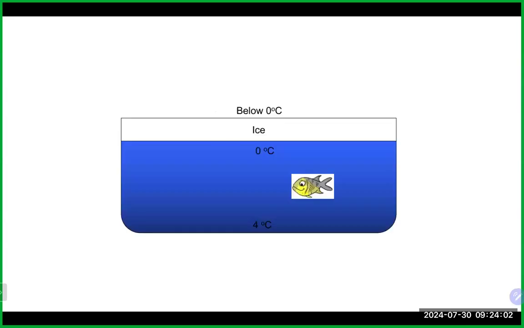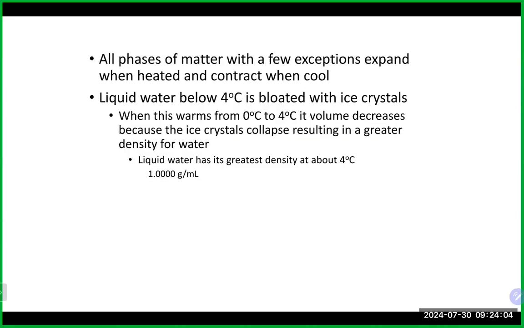Now, this is also a really good thing, for example, in terms of sea life, in terms of how water freezes. Water actually freezes from the top down, which is really good, because if not, we would have a lot of not so happy fish. There would all be ice cubes and stuff like that. Or could you go ice fishing, I suppose, if it froze the other way around?